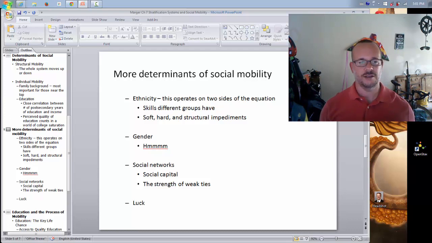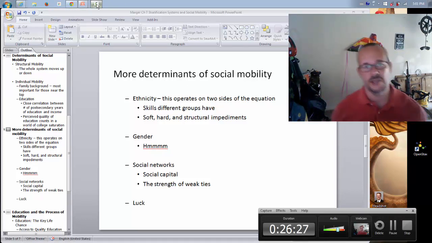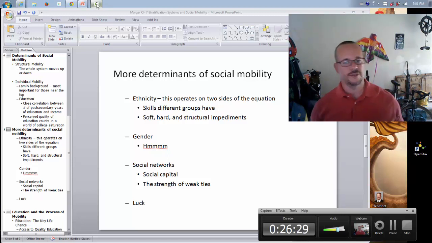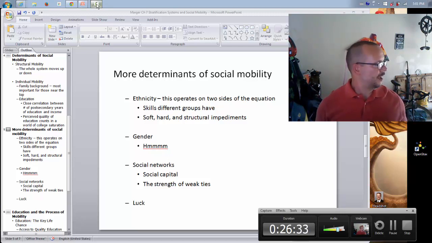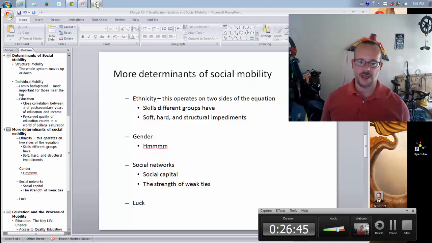Okay. The strength of weak ties is an idea that comes from Granovetter, and essentially it's this. People sometimes think that if you come from a well-to-do family, you can graduate from college and just go work for your dad. The thing is, the sociological research doesn't really support that.